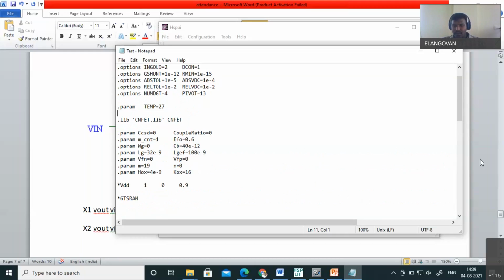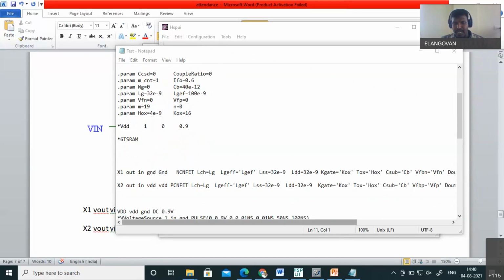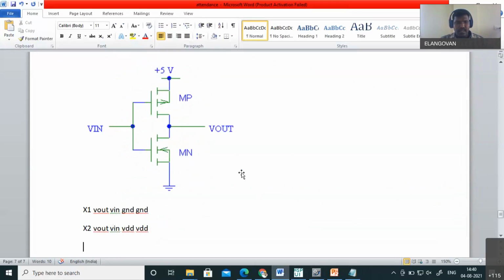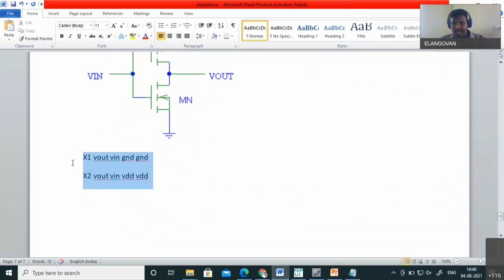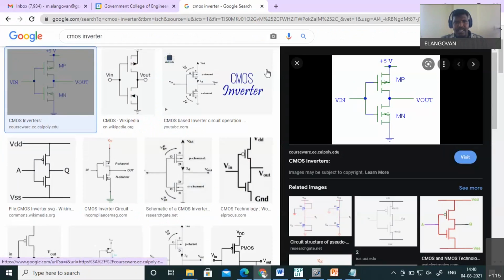Okay, suppose for a simple gate, I'm saying for NAND gate, one of the participants, Venkata Lakshmi, asked for NAND gate. Let me write the code for NAND gate and I'll try to implement it here. It is not difficult for a big circuit, but it takes more time. That's it, nothing else.